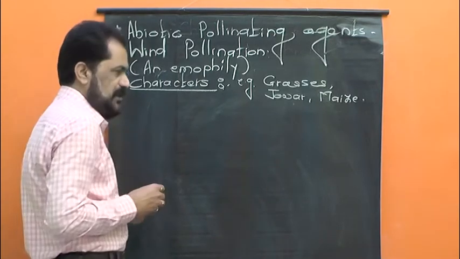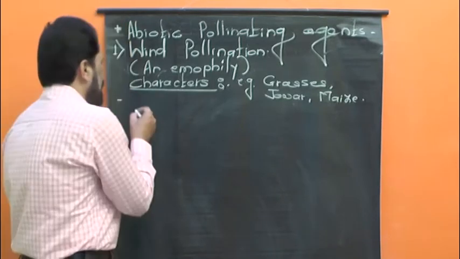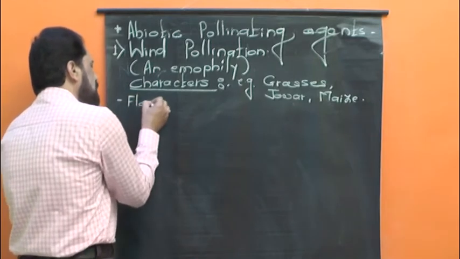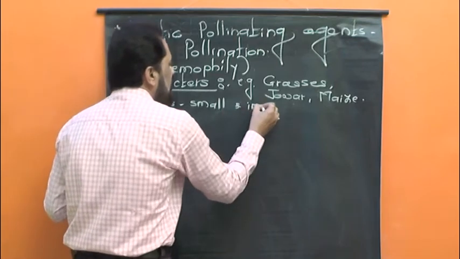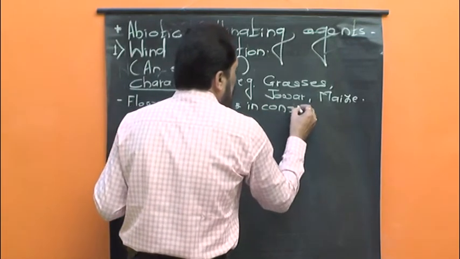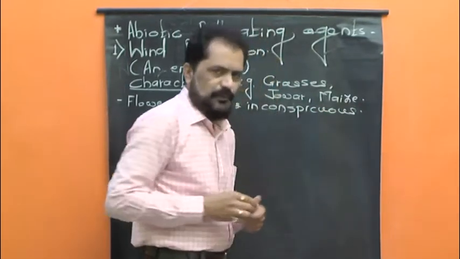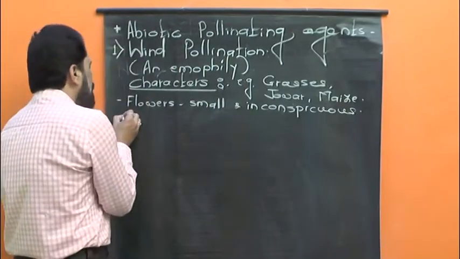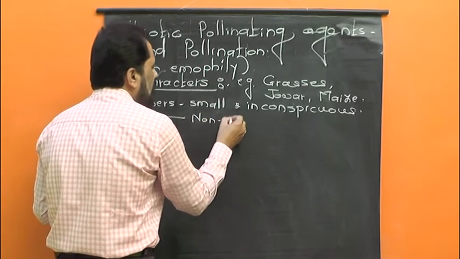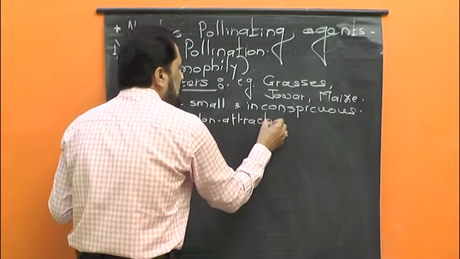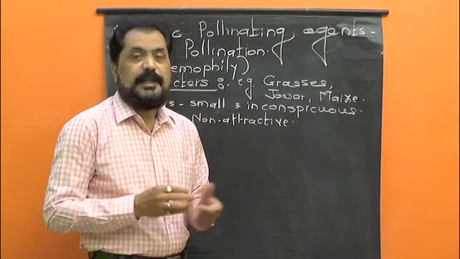Characters of anemophilous flowers. First character, the anemophilous flowers are small and inconspicuous. Second, the flowers are non-attractive. It means the flowers are colorless, odorless, nectarless.